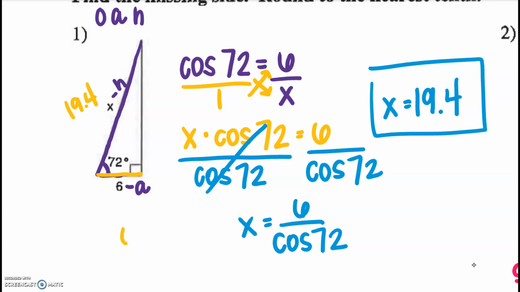So if you got 6 and your hypotenuse was 5, your hypotenuse has to be longer than your leg. So that's where you can kind of go back and say, well, maybe I didn't set something up right. Let me check my answers.